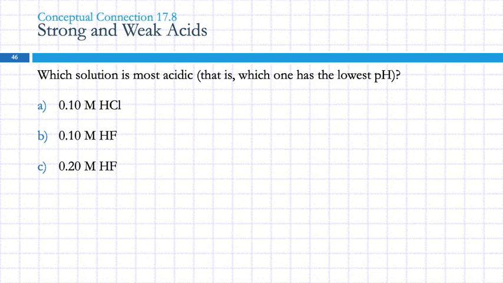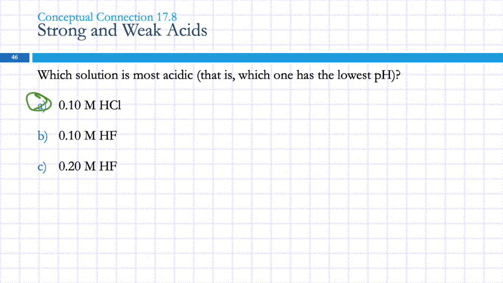So of these guys, which solution is most acidic? Meaning which one has the lowest pH? It is A. Why? Strong acid. Yep. So HCl is a strong acid, meaning all of the molecules turn into hydrogen ions and chloride ions.